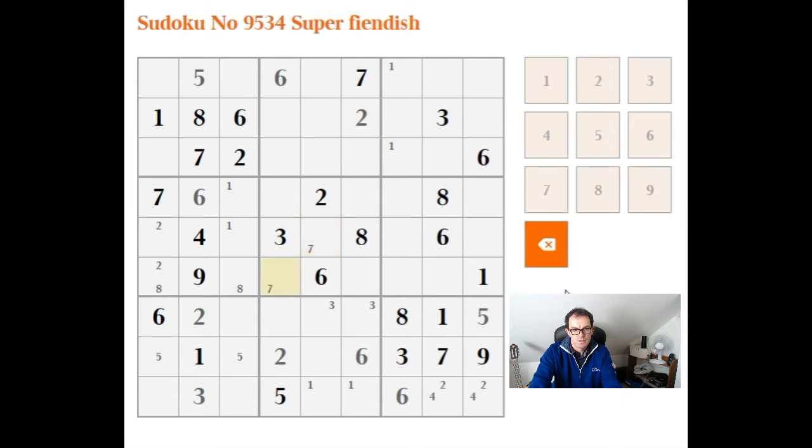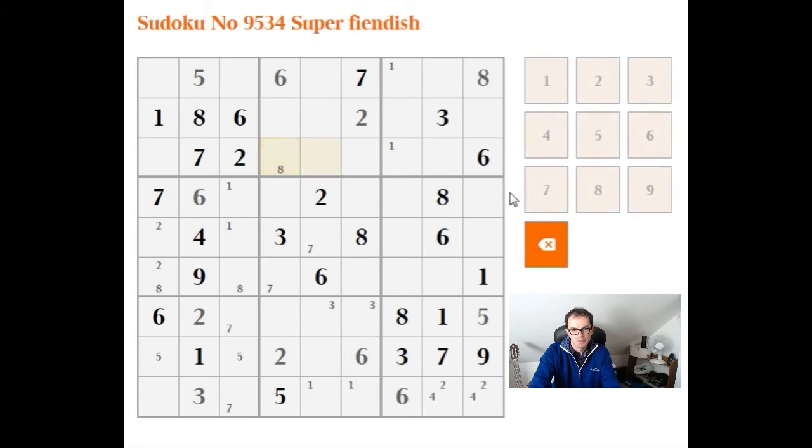So we can see we can put an 8 in these 2 cells here. 7s are locked in the middle cell like this. There's a naked 8 up here.